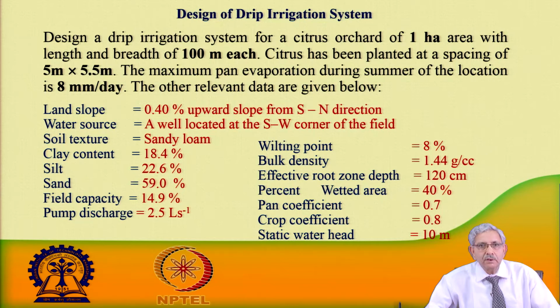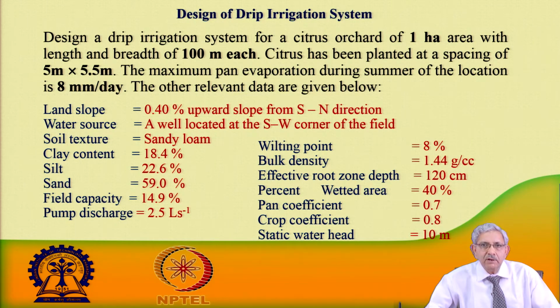A question is given here for the design of a drip irrigation system, which is to be done for a citrus crop of 1 hectare orchard area, with a length and breadth of 100 meter each.